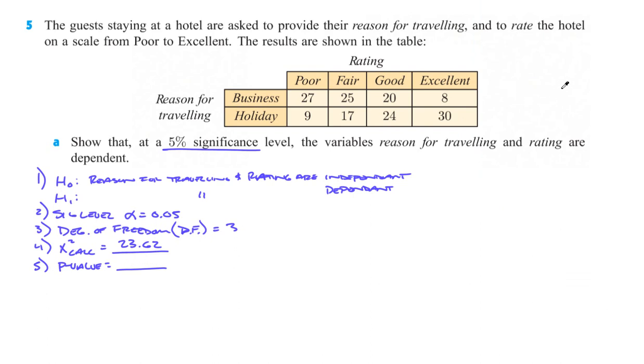Negative 5th means we moved over 1, 2, 3, 4, 5 spots. 0.1, 2, 3, 4 zeros, 2, 9, 9 is our p-value. So it's really, really close to 0.